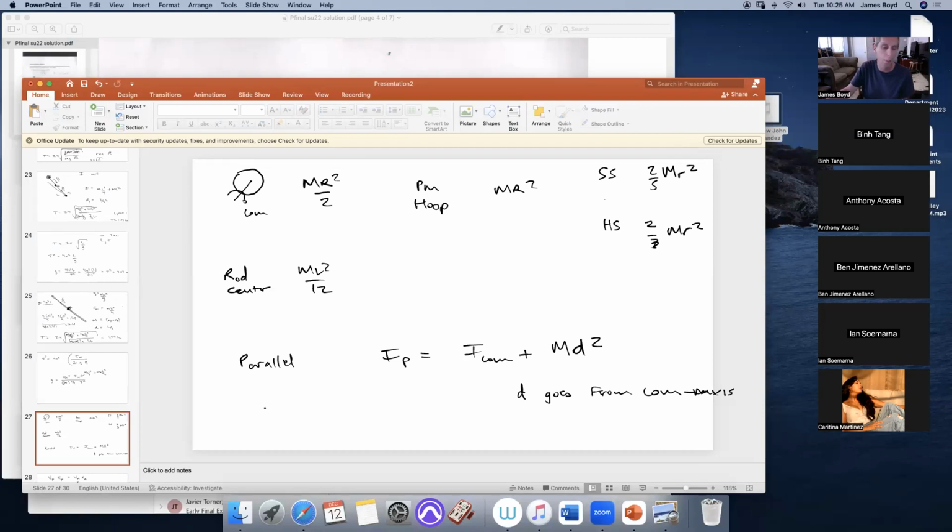So how I remember the rod about one end: the rod about its center is ml squared over 12, but we're moving it where d is equal to L to the half. So plus m, L to the half squared, which is L squared over 4. Changing these, 1/12 plus 3/12 is 4/12, which is a third. So ml squared over 3 for a rod about one end.